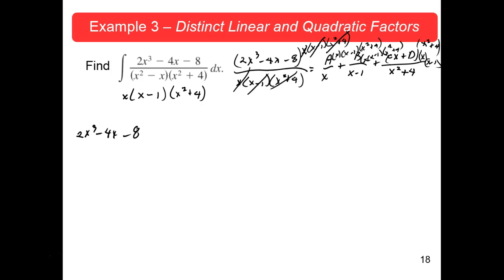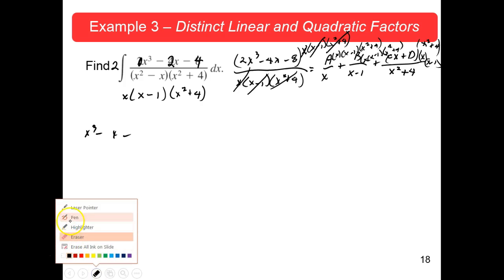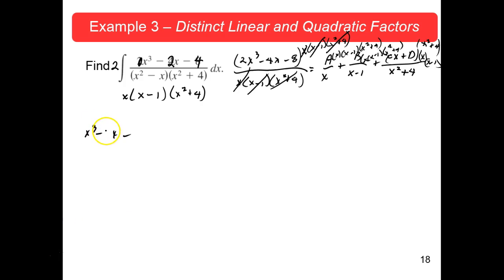There's a common factor of 2 there. So let's take that 2 on the outside and just leave this as x squared minus 2x minus 4. Why keep anything messier than it has to be? Okay.